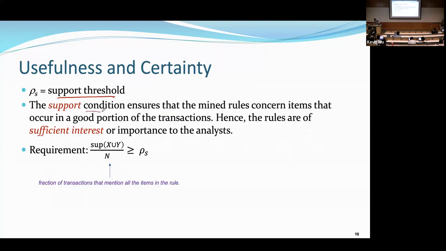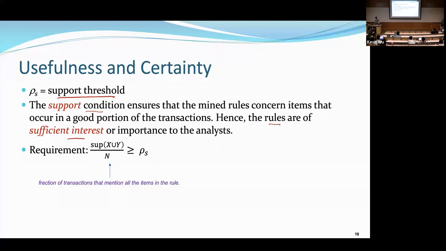Now, the support condition here ensures that the mined rules concern items that occur in a good portion of the transactions. And so the rules that we discover are of sufficient interest or importance to the analyst.